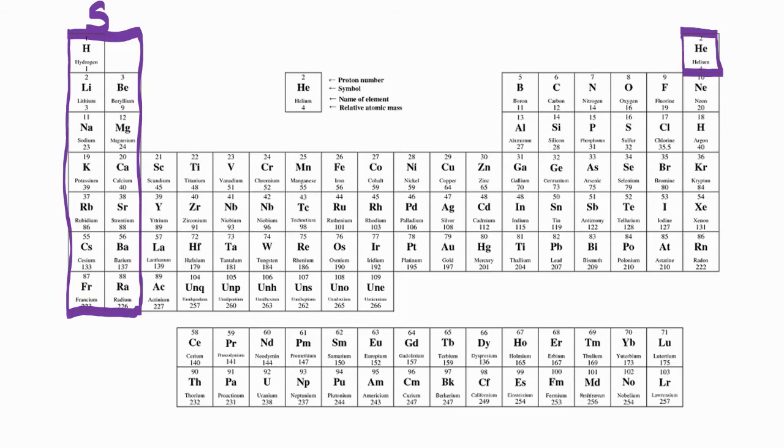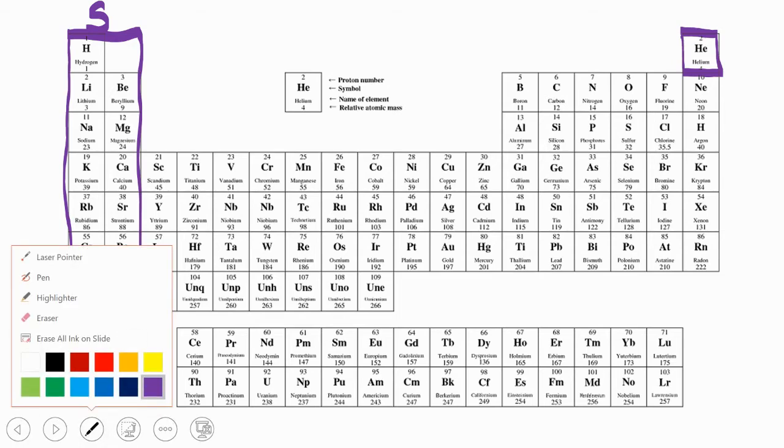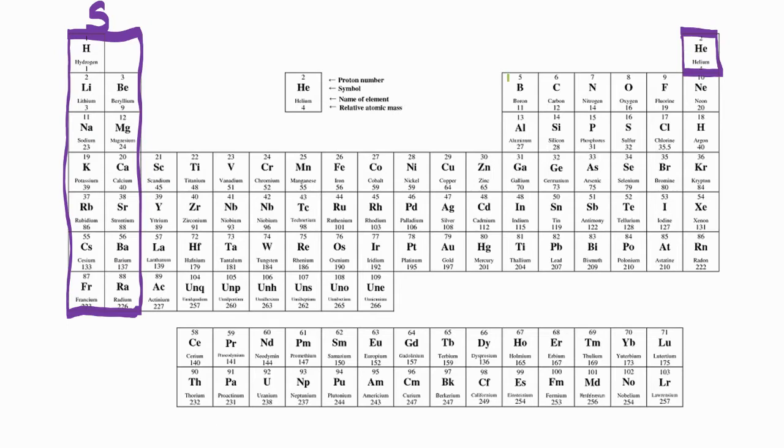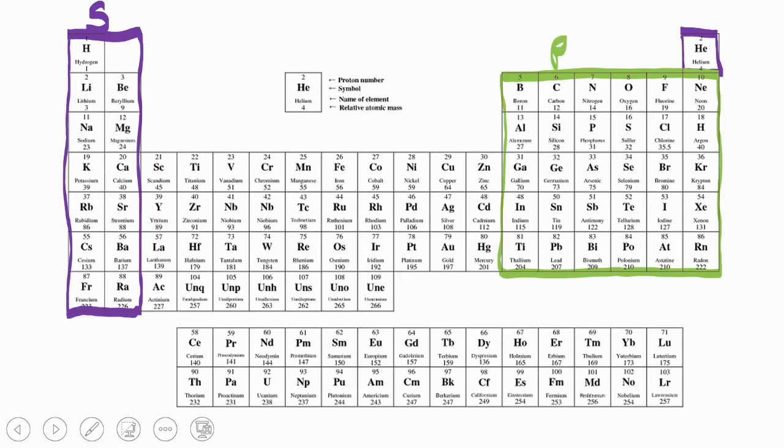Okay, so s orbital over here on this far left side, and then the next one that we'll talk about is the p orbital, which is this block on the far right-hand side. So this area corresponds to our p orbitals. And the next one is the d orbitals, which are going to be this block here in the middle.